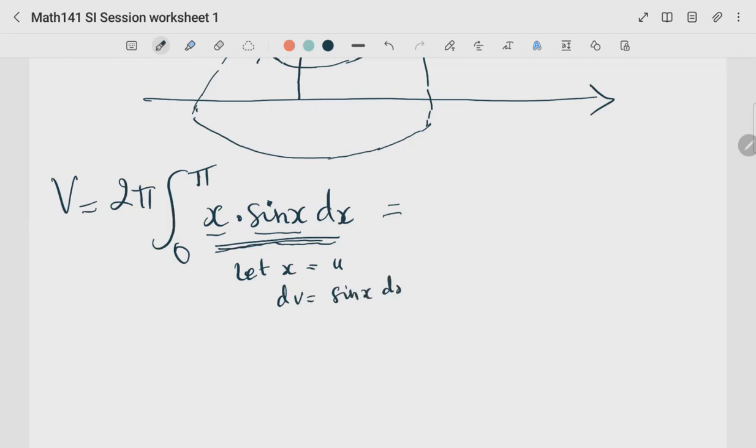If you had to repeat the integration by parts once more, you would have to stay consistent, meaning that the dv function would remain being the trigonometric function, and the ordinary x function will be the u function, right?